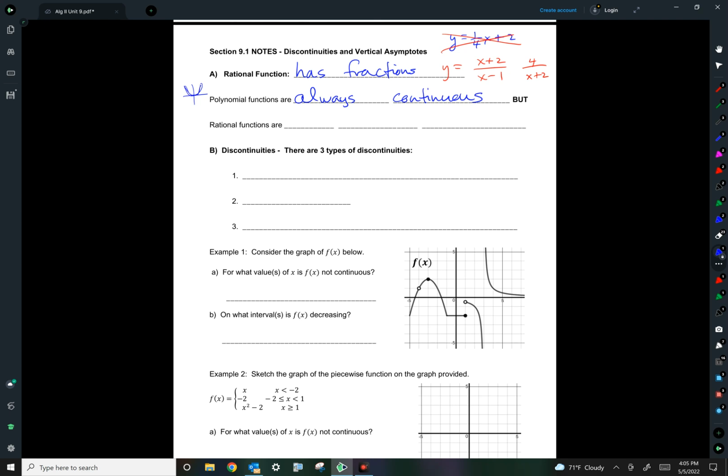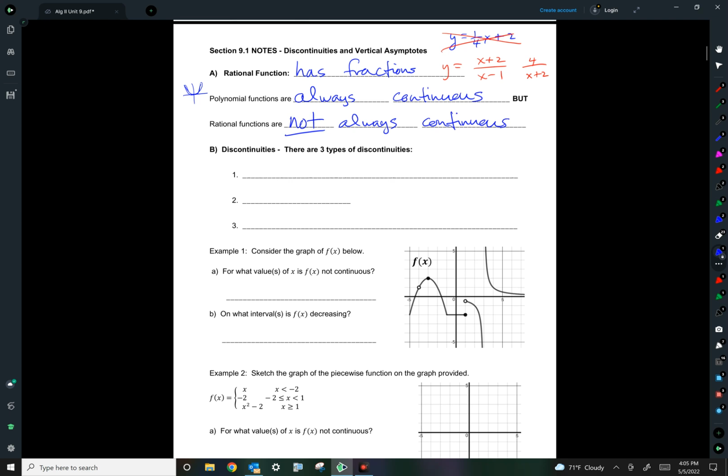If you start on the left side, you can draw all the way to the right and you don't have to pick up your pencil, right? It's continuous. But rational functions are different because rational functions are not always continuous.